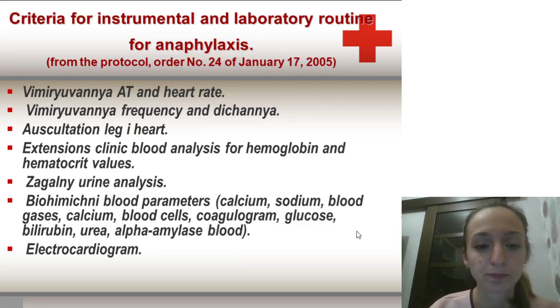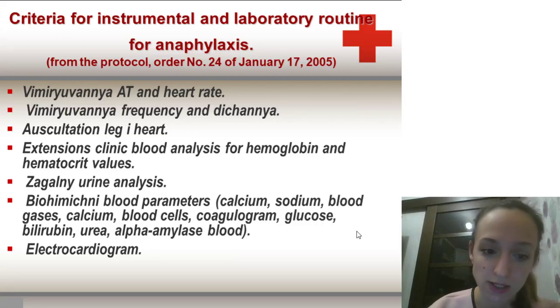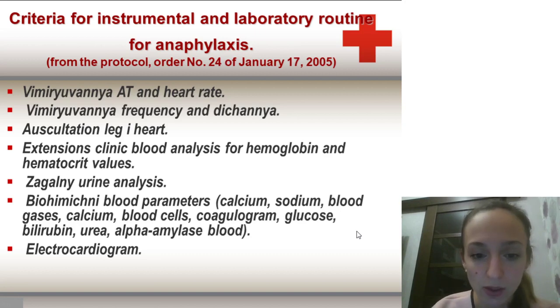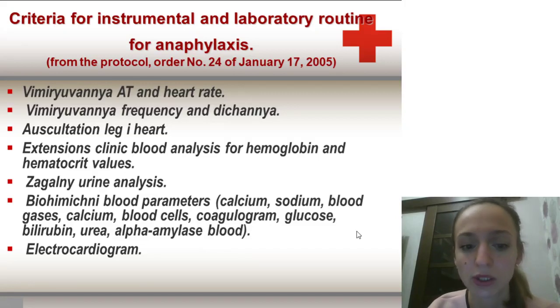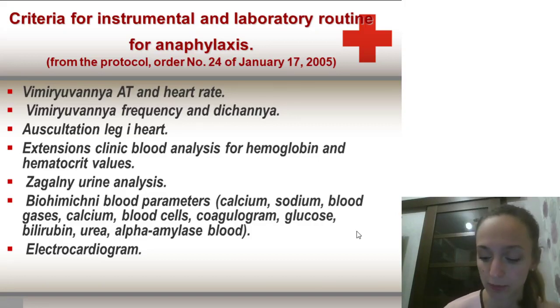Then general urine analysis, biochemical blood parameters: calcium, sodium, blood gas, blood cells, glucose, bilirubin, urea, and alpha amylase, and electrocardiogram.